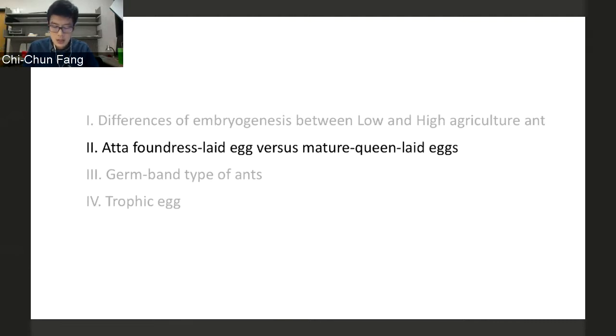So since I have the expertise in studying embryogenesis, the egg development, I examined the eggs laid by the foundresses this past summer, and we found out something interesting.